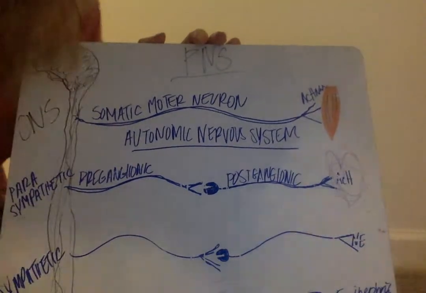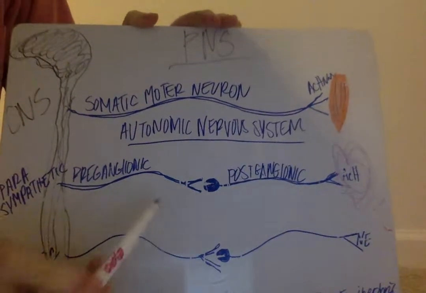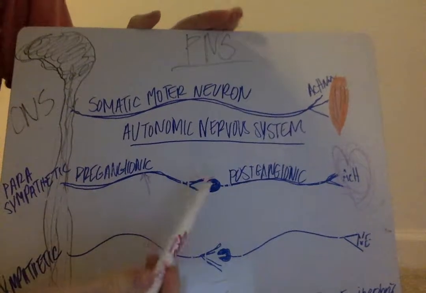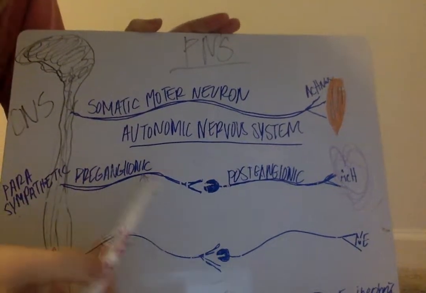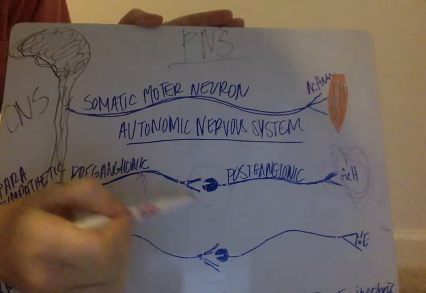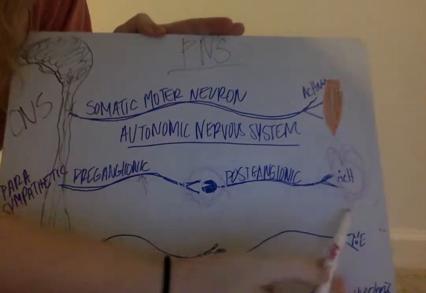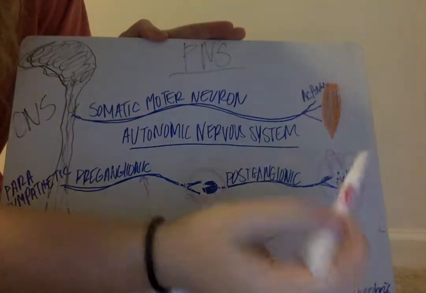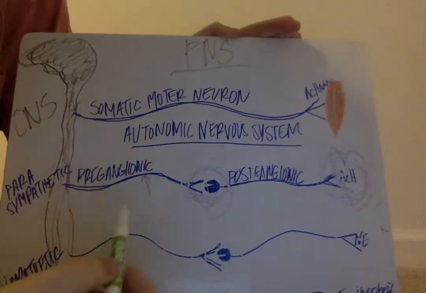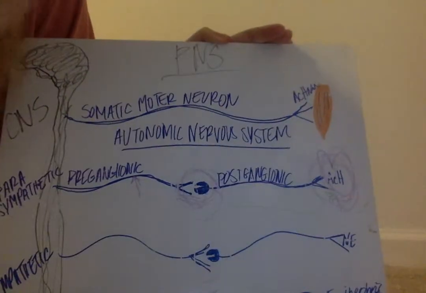So if you want to alter this, you have two opportunities to do it, right? Because we said we don't want to use something that alters the action potential on the axon, because it's just not very selective. So you have two opportunities to alter the neurotransmitter selectively: here at the pre and post ganglionic synapse, and here at the body cell. Okay, so we said this is a parasympathetic nerve fiber, and it's going down and innervating the heart.